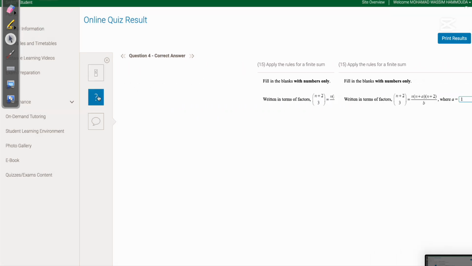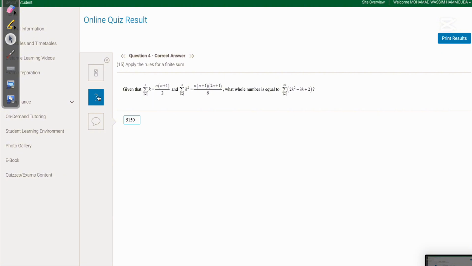Number 4. Given that the summation of k is equal to n times n plus 1 over 2, for this question we can simply put it in the calculator. 20, then k is equal to 1, which on the calculator is x equal to 1.